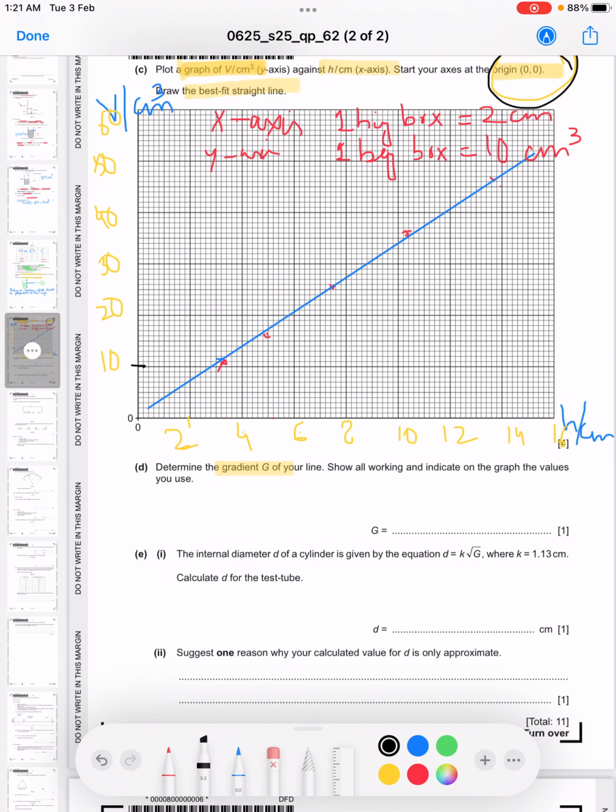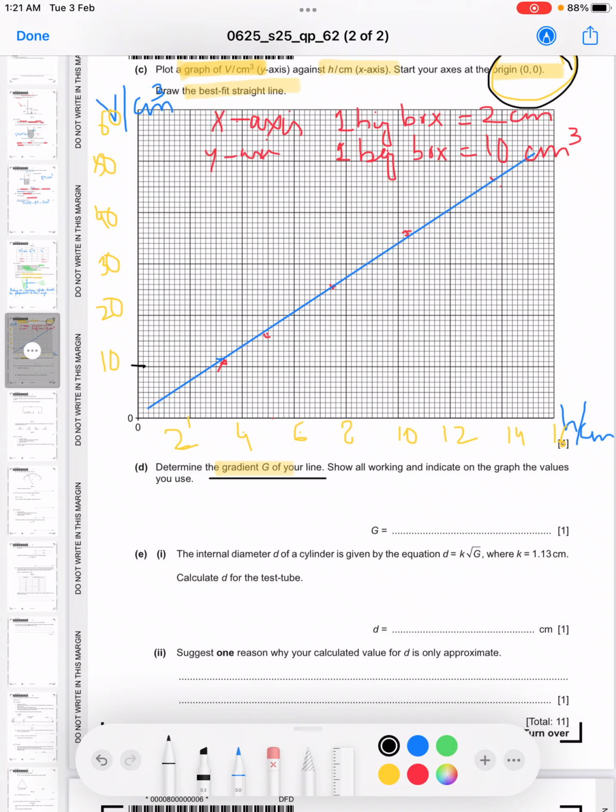from here. Whenever we want to take the gradient, we must take the maximum portion of the line, right, to get a good value of the gradient.